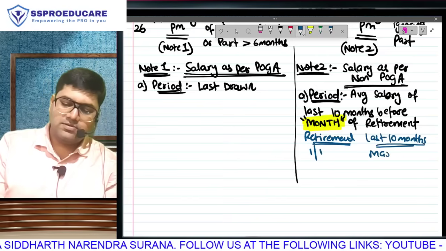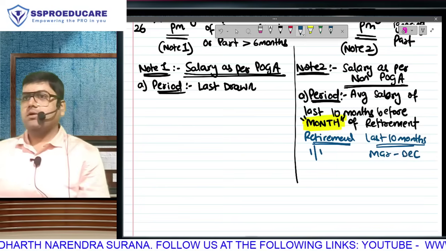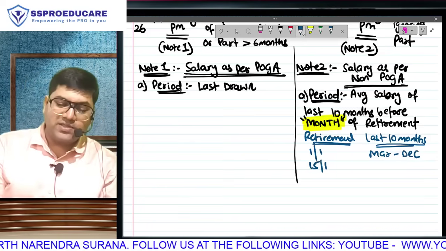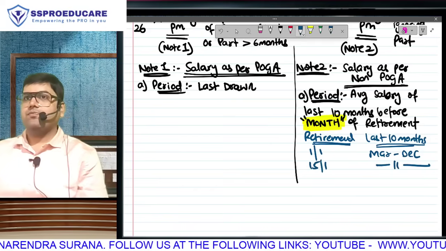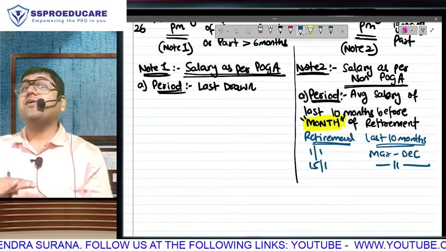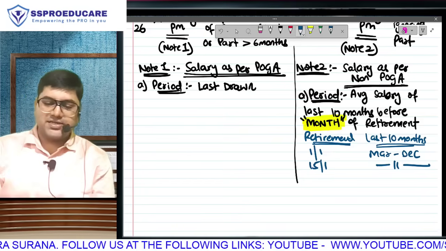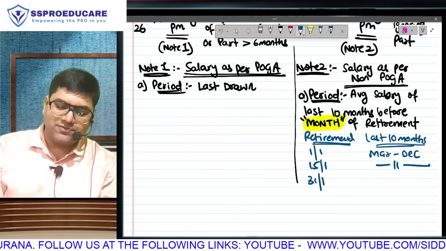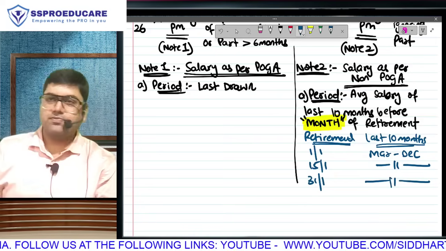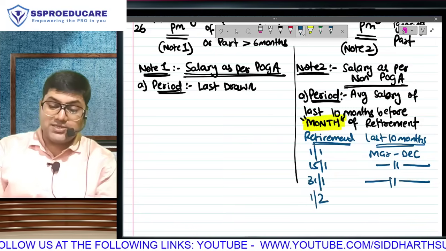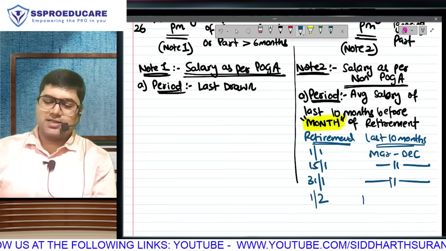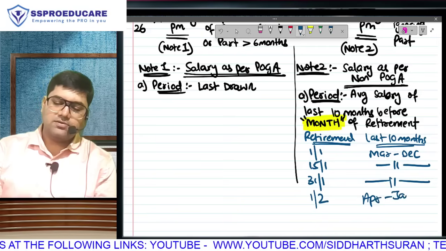March to December. Suppose the retirement is 15th of January, still the same. Last month is the 10th month. Suppose the retirement is 31st January, still it is the same. But the moment retirement changes to 1st of February, then the last 10 months will be April to January.